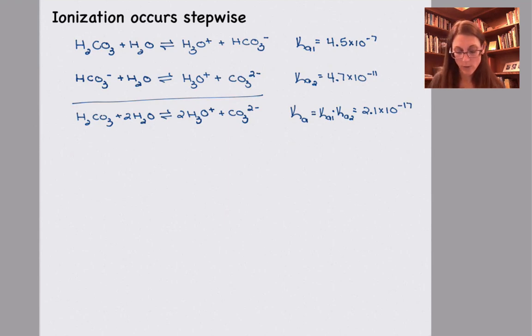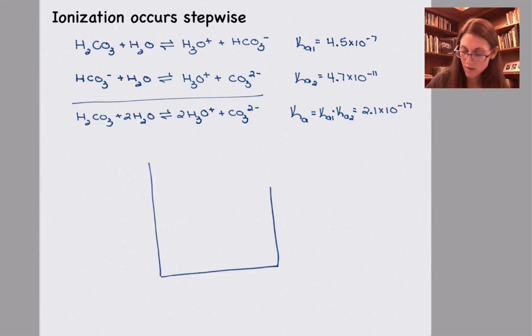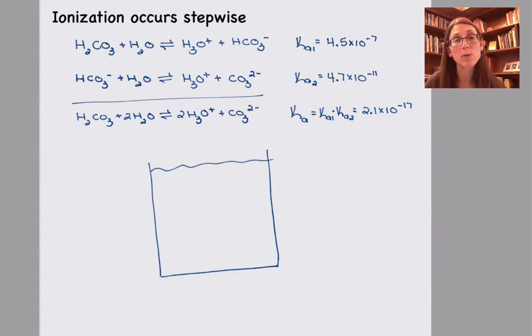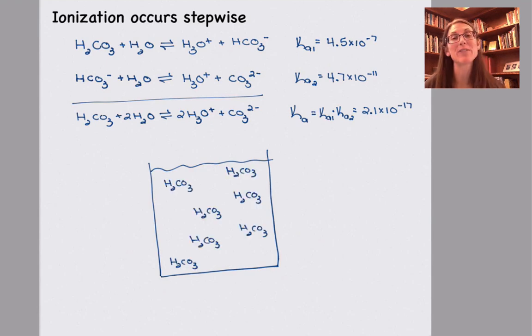If we were to dive into a beaker of water that had some carbonic acid dissolved in it, we would find mostly carbonic acid, a little bit of the bicarbonate ion and hydronium, and even less of the carbonate ion. And this has some real implications for trying to calculate the pH of a polyprotic system.